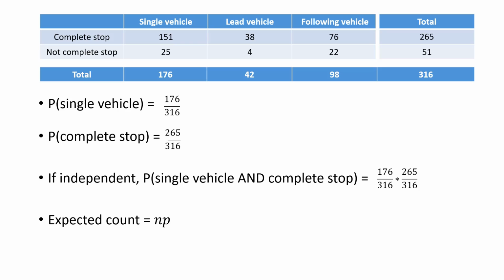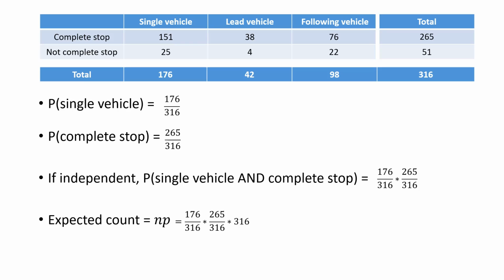Then the expected count is just the expected value of the count from a binomial distribution, the sample size n times the probability p. So we have our sample size of 316 times the combined probability of being a single vehicle and coming to a complete stop.